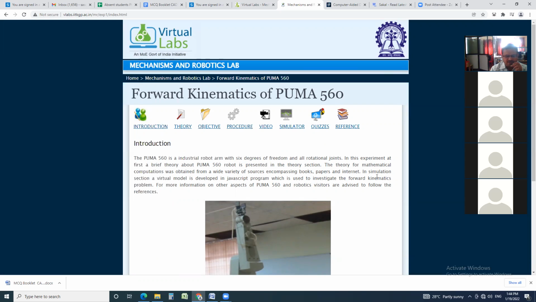In the simulation section, a virtual model is developed in a JavaScript program which is used to investigate the forward kinematics problem. For more information on other aspects of Puma 560 and robotics, visitors are advised to follow the references.